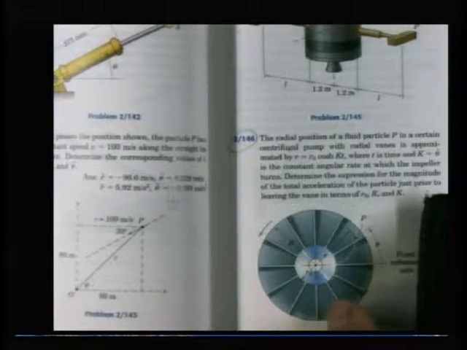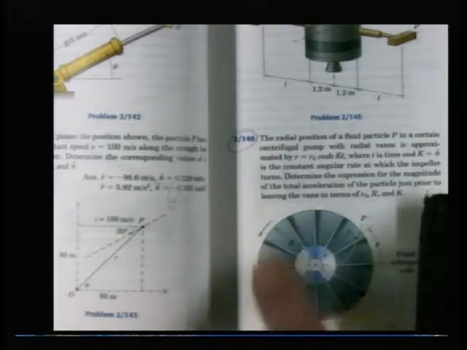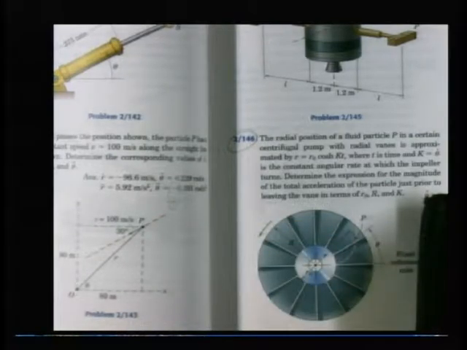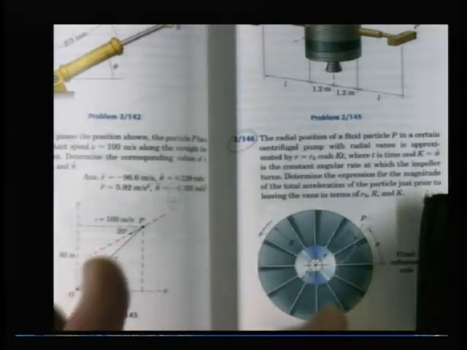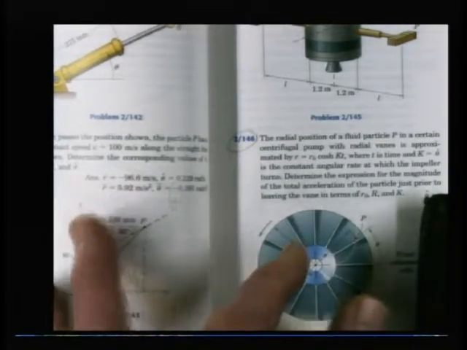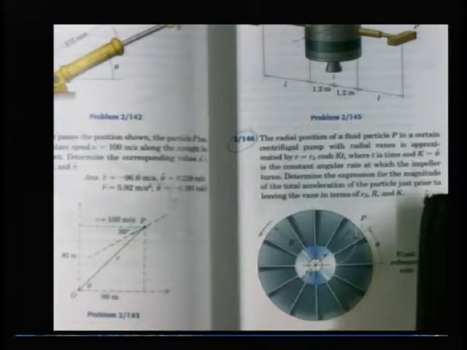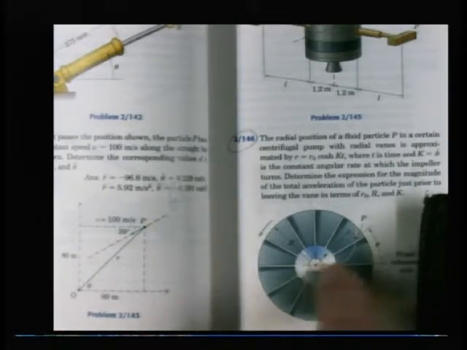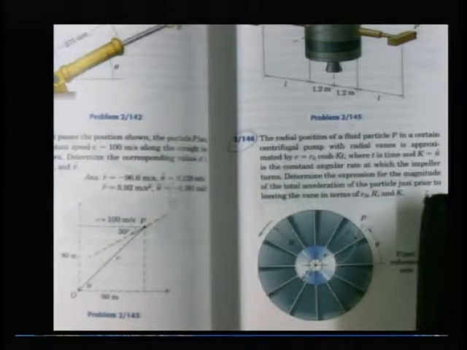Here's a pump called a centrifugal pump. And so what typically happens as this pump is spinning, the fluid in the tube here, along this axis, which is coming towards us, the fluid comes in and then it's thrown, the particles of fluid are thrown radially outward.